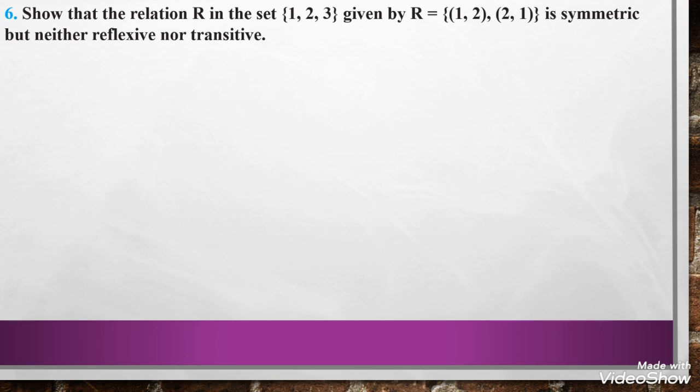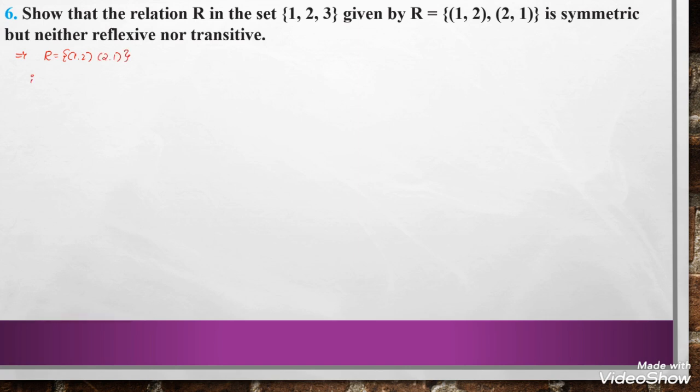Question number 6. Show that the relation R in the set {1, 2, 3} given by R = {(1, 2), (2, 1)} is symmetric but neither reflexive nor transitive. Simply we have to take the relation R equal to (1, 2) and (2, 1).